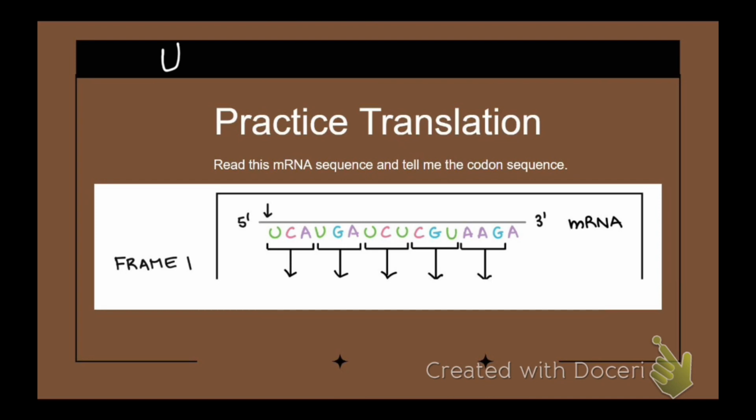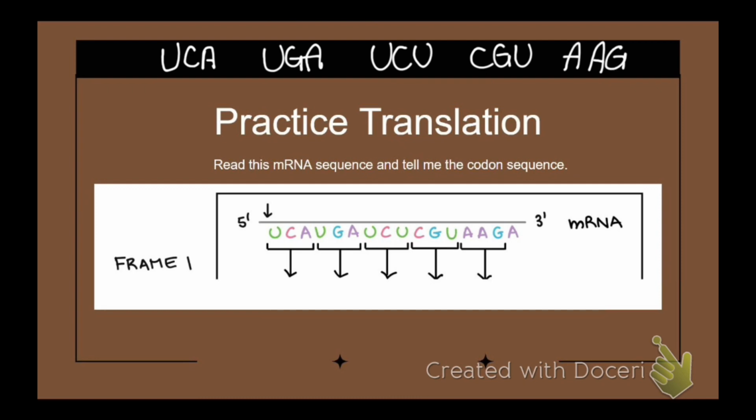So you're going to put in your notes U, C, A. You're going to skip and you're going to put U, G, A. You're going to skip a space and you're going to put U, C, U. You're going to skip and you're going to put C, G, U. And then you'll skip and you'll put A, A, G. Write this in your notes, gentlemen.